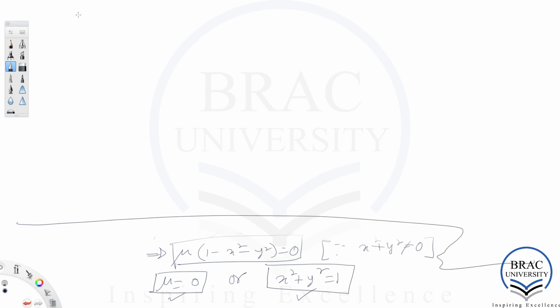If mu is equal to 0, then one obtains from 23, let us recall 23. 23 was this algebraic system, minus y plus mu x times 1 minus x square minus y square is equal to 0. That was one of the algebraic equations. And the other one is x plus mu y times 1 minus x square minus y square is equal to 0.